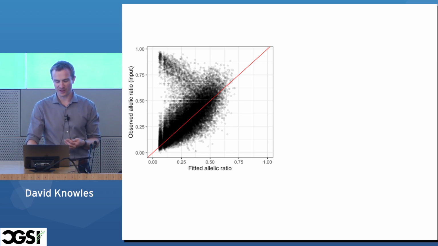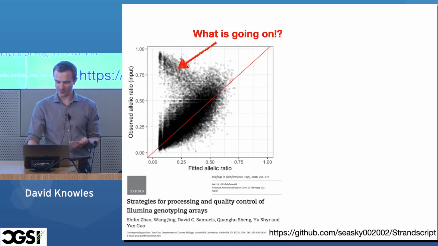We spent a long time trying to debug this, trying to check whether we were defining the alternate allele differently between the sequencing data and the genotype data. And it turns out it was actually an issue that I was surprised we never heard about. For Illumina genotyping arrays, and for these iPSCs we have genotyping arrays, not whole genome sequencing data, unfortunately, it turns out that there can be an issue where Illumina are not actually telling you correctly which strand they are genotyping.